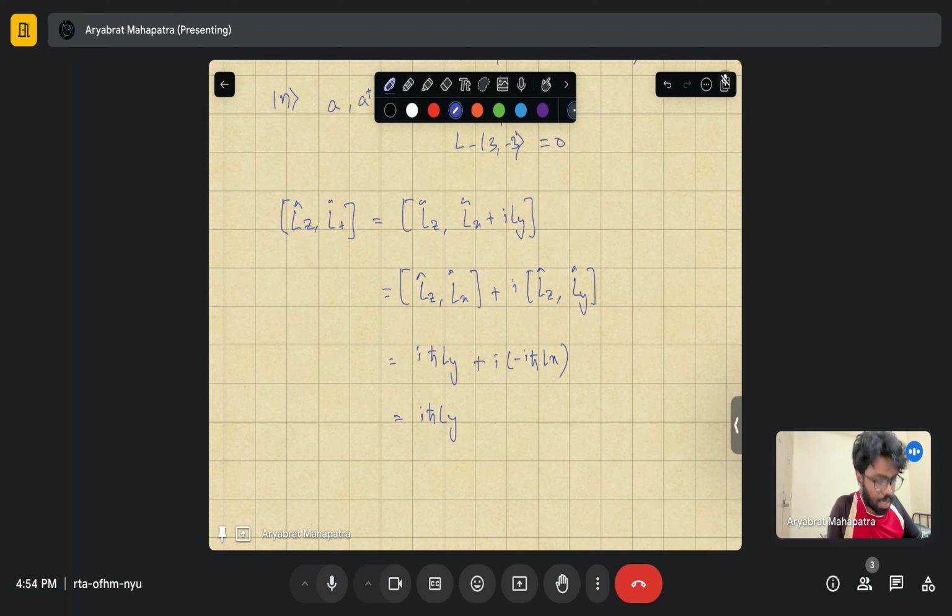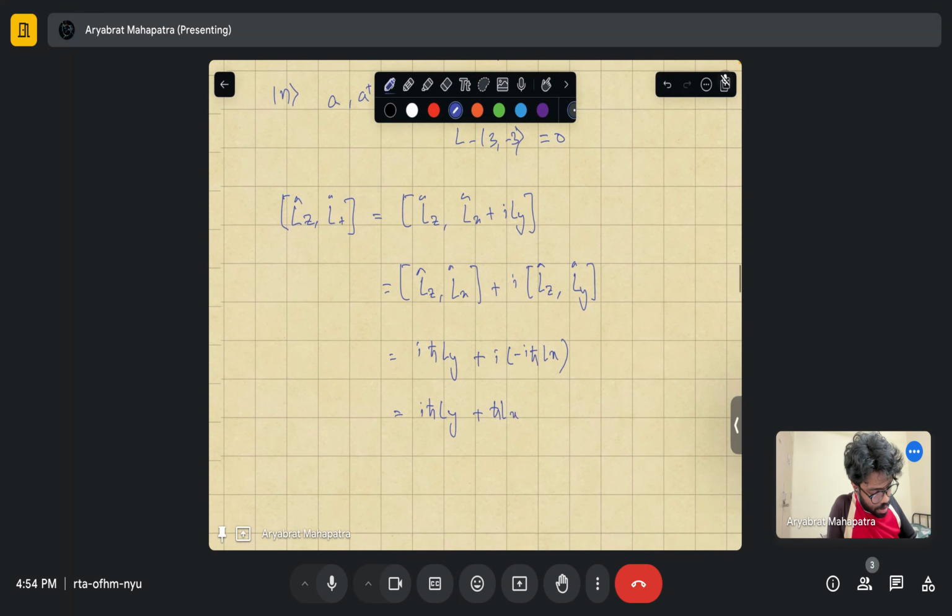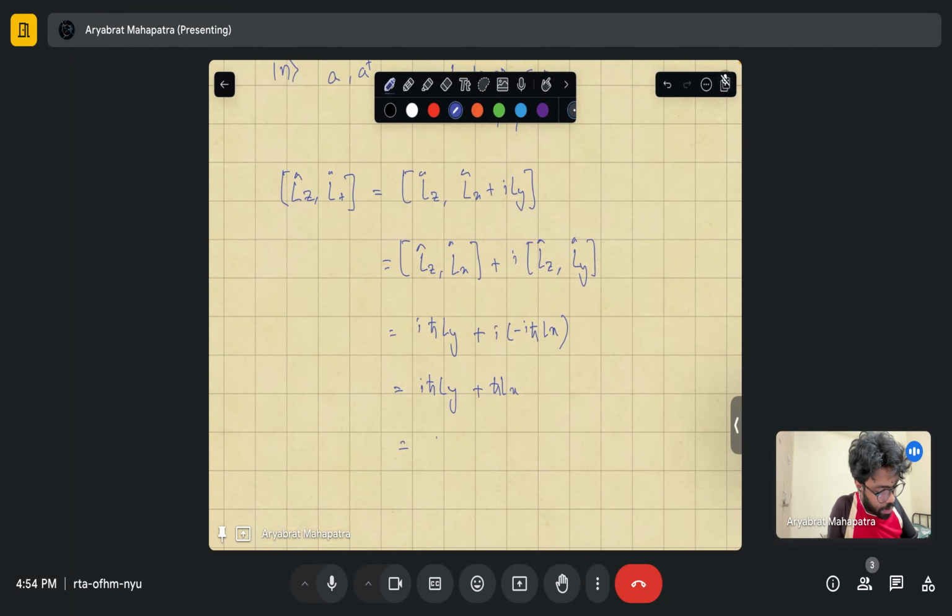So i times i is basically minus one, and the negative sign is already here, so overall you will get a positive sign, and h bar Lx plus i Ly, and this is the same as L plus.